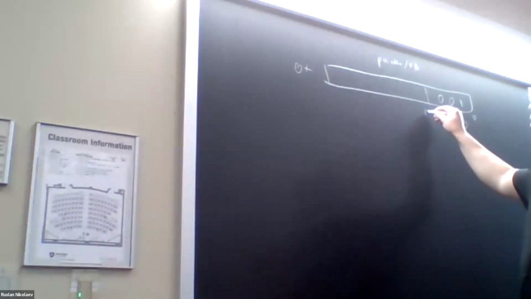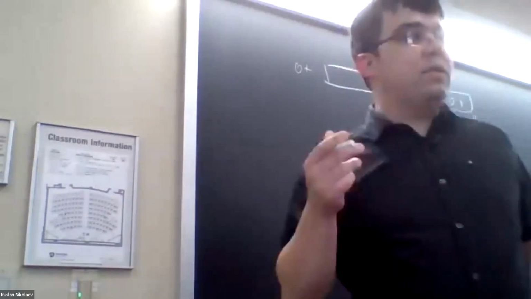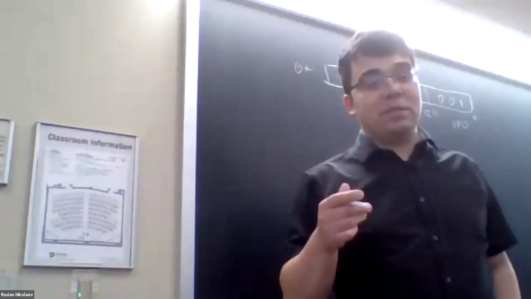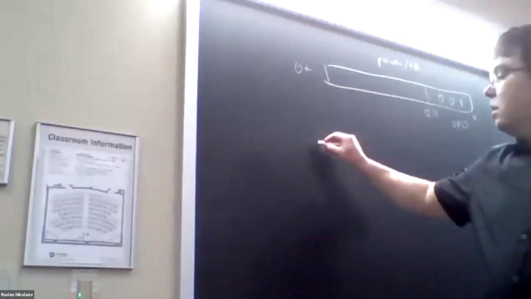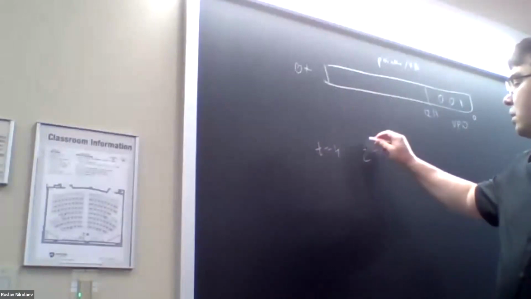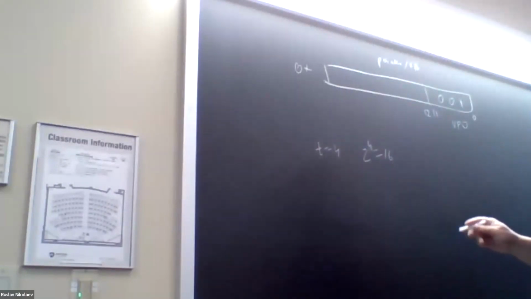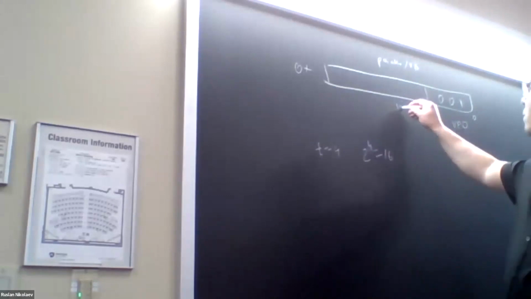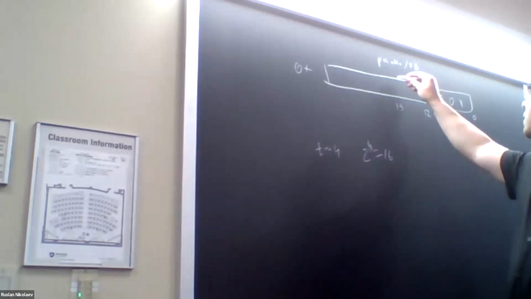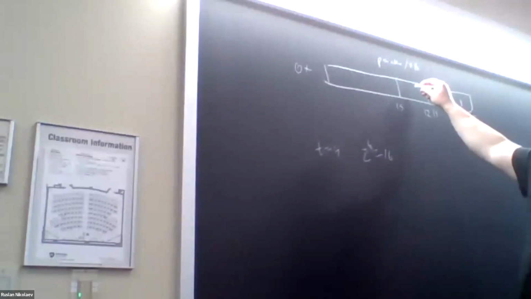Then from 12, if the number of TLB sets is 16, that means T equals 4, since 2 to the power of 4 is 16. So the TLB index is going to go from 12 to 15, and that's just 4 bits, just one hexadecimal digit, right? So let's say it's going to be 5 here.